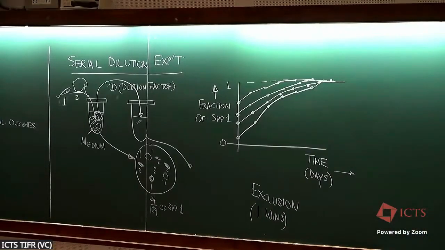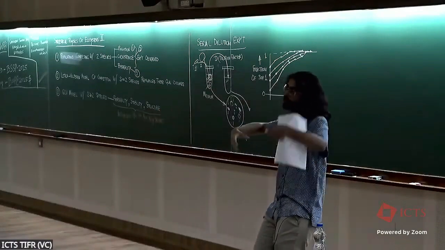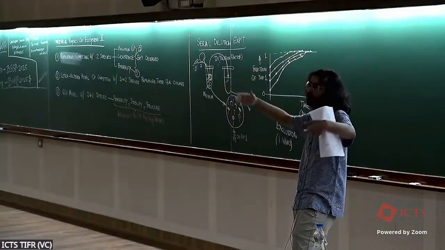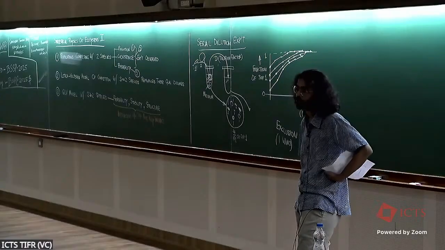You get a sense of what the growth rates of these populations are. And so what you want typically for this competition to play out is a certain number of doublings to happen in every run of this experiment, in every dilution step. And so you work backwards given the growth rate and the initial concentration of the nutrients, how much nutrient you should add, and basically whether you should wait 24 or 48 hours.